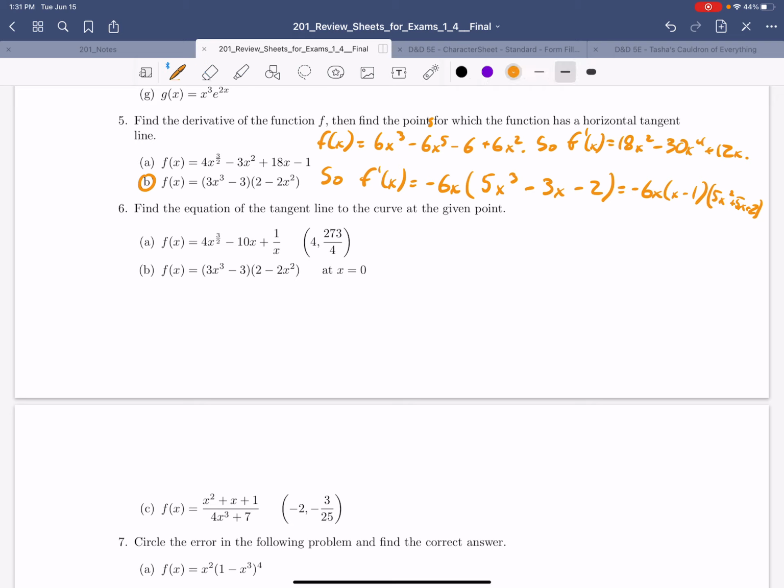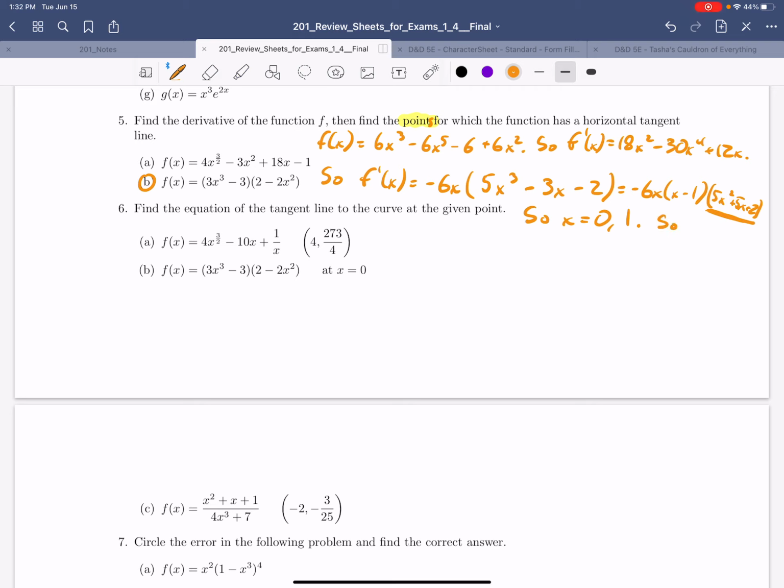Right, and then at this point, I'm not sure how obvious it is, but b squared minus 4ac for this term right here is less than 0, so we're going to get an imaginary number if we try to factor that anymore. So x equals 0 and 1. Now remember, the problem asks for points, not just x values.